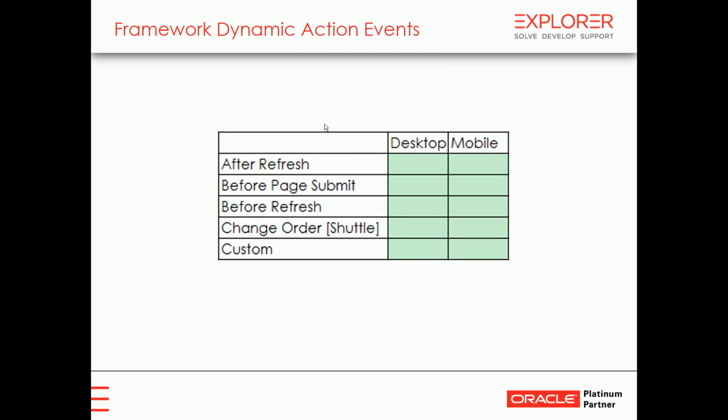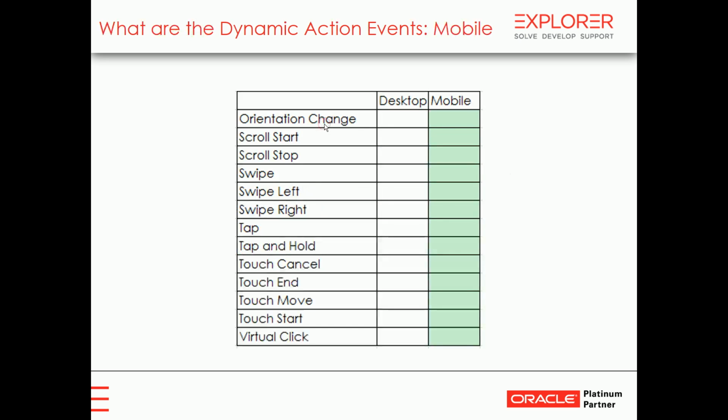Okay, so this slide shows the framework dynamic action events. So you have before and after refresh, you have before page submit, and you can also have your own custom dynamic action events, which we'll show you later on in this presentation. Here are the dynamic action events which are really applicable to the mobile user interface.